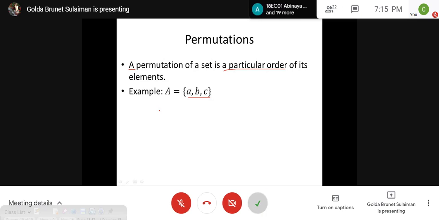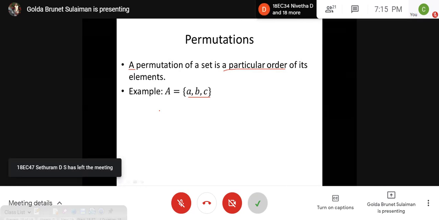Good, Joshika. So BCA is one permutation, ABC is another permutation. You can think of any order. CBA, all those. So how many different permutations are possible?